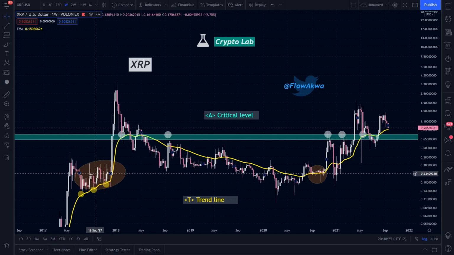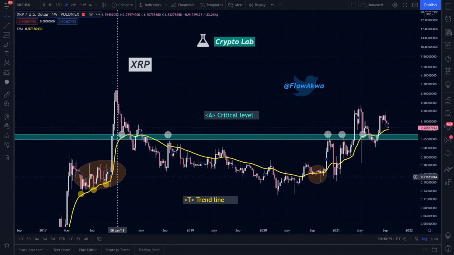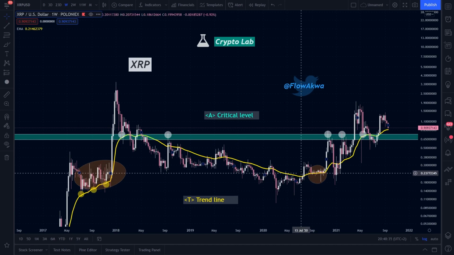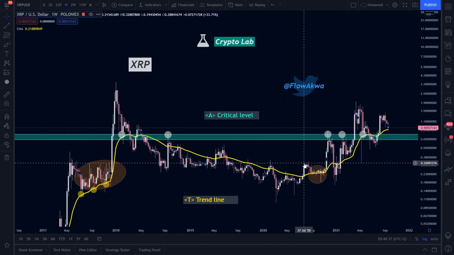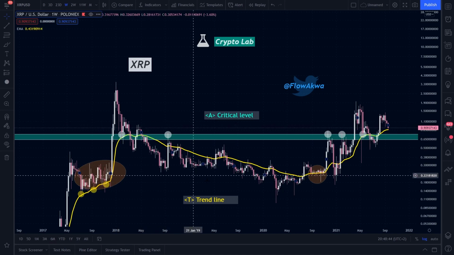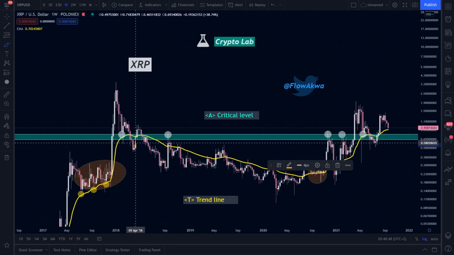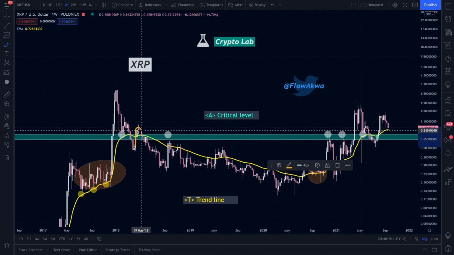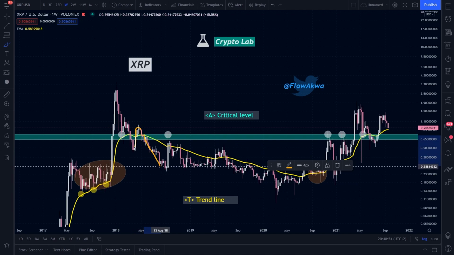In the previous bull market, we used it as a strong support, just right here. And here, we used it as a strong support too. And as you can notice, every time we go above it, we try to use the trend line as a support, okay? Look, in the previous bear market, we went above the trend line, we tried to use it as a support, but we couldn't and we went down.